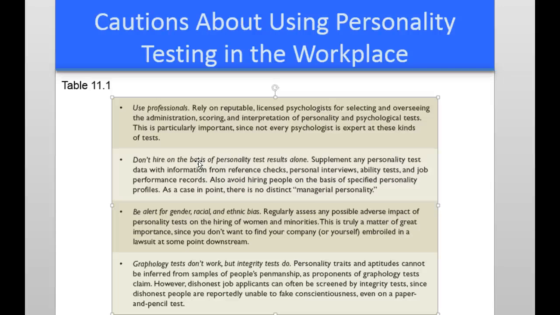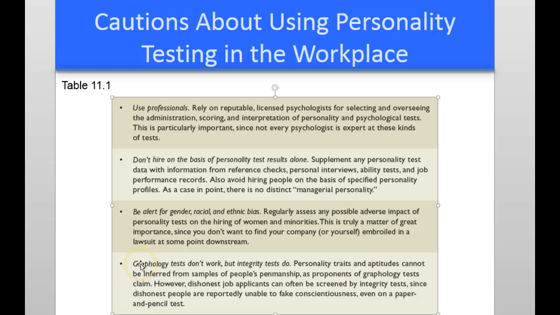You want to give it reference checks, personal interviews, ability tests, and look at their experience and background. You're going to be alert for gender, racial, and ethnic biases. You want to cover everything. I mean, a test on paper is not going to cover how somebody truly is as a whole person.